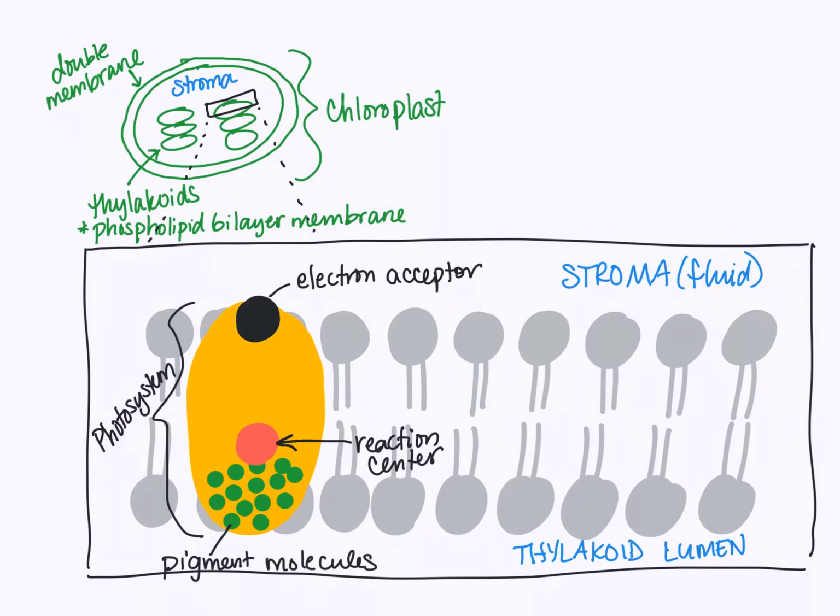Remember that lumen just refers to the space inside that thylakoid. And on another page, we're going to talk about some additional proteins that are associated with the photosystems embedded in this thylakoid membrane, which allow these reactions of photosynthesis to occur. We might see some other transmembrane proteins. We might also see some peripheral proteins.